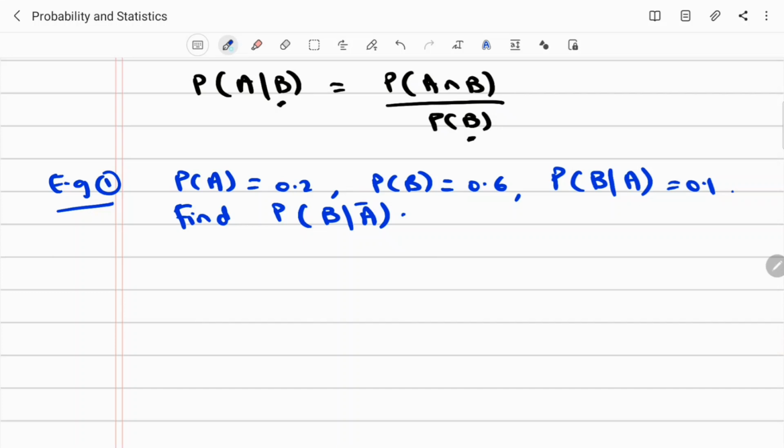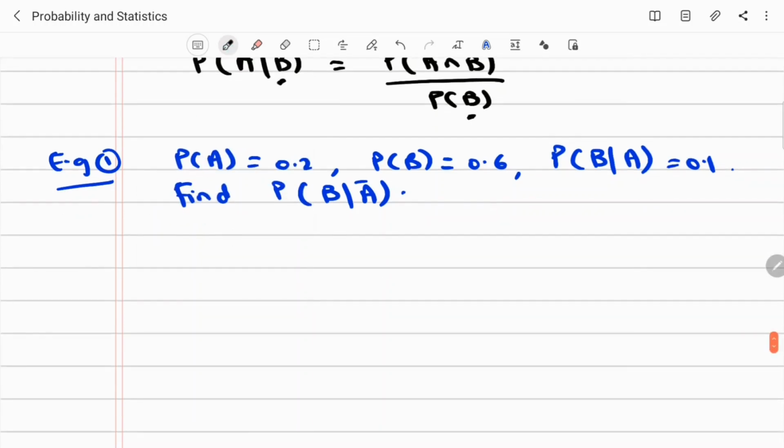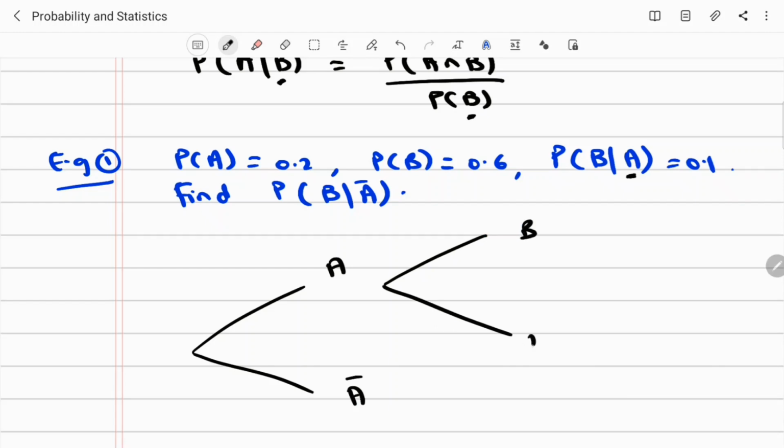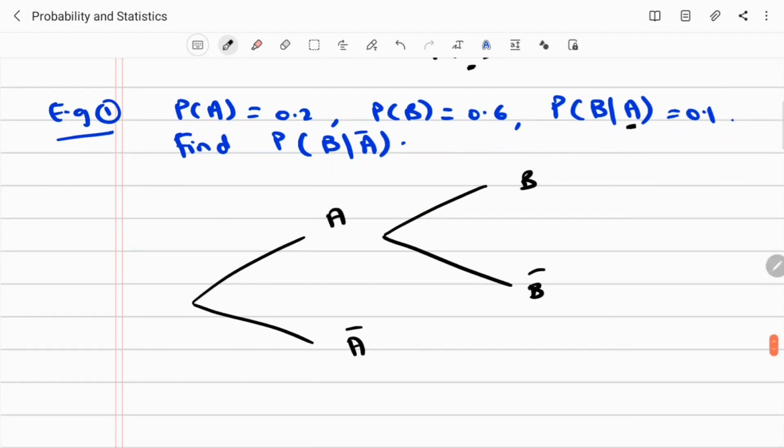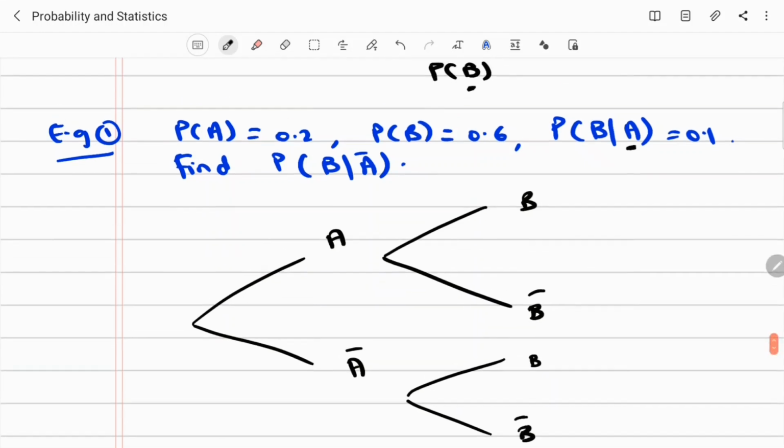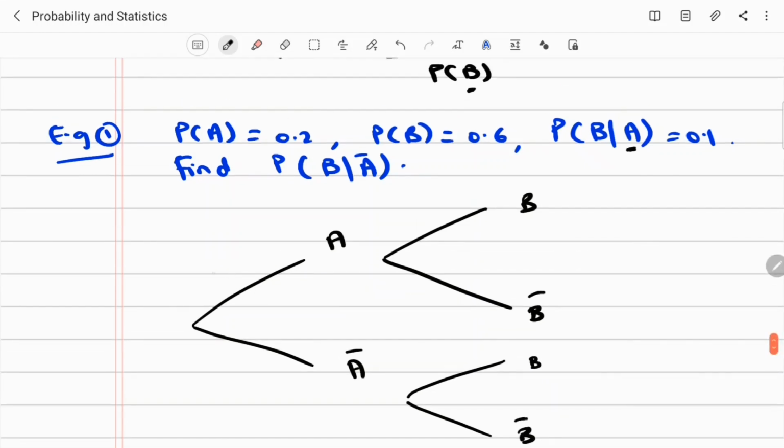To do this, we are going to draw our tree diagram. As you can see here, A is the first event that has occurred. So we have A dash, then we have B, B dash. The probability of event A happening, so this branch here, would be 0.2.